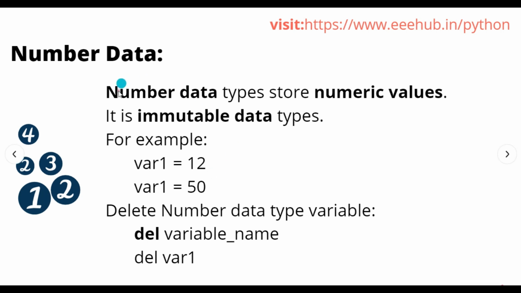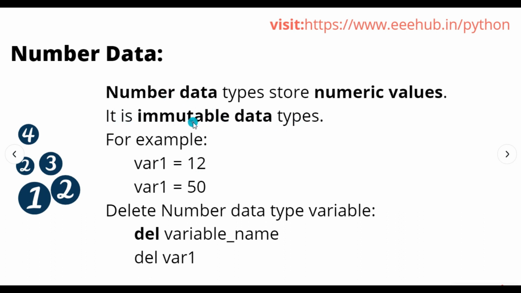So number data types are those data types in which we can store numeric values such as integer, float, complex, and so on. Here we have an example: var1. In this variable var1 we are storing the value 12.